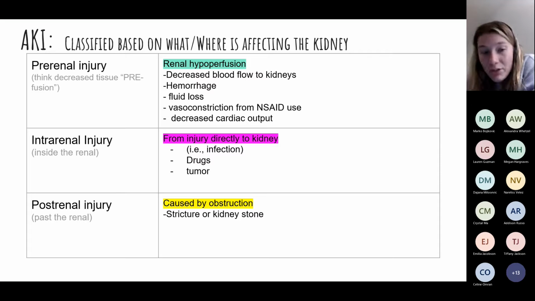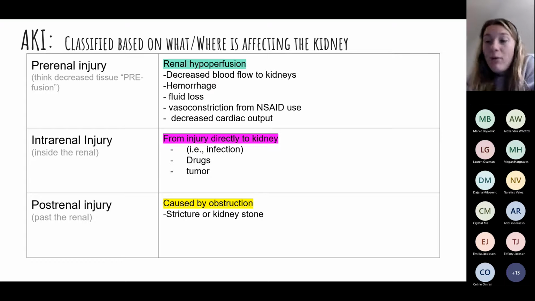When we talk about our post-renal injury, there is an issue after the renal. So we talked about our urinary tract obstructions, how if I have a stricture in my ureters, and it causes fluid to build up back into my kidneys, my kidneys aren't the problem.